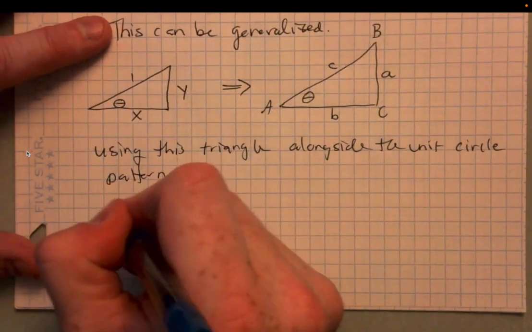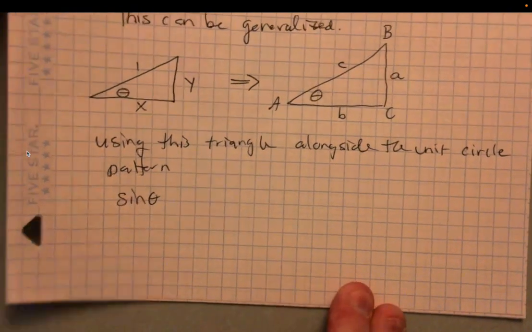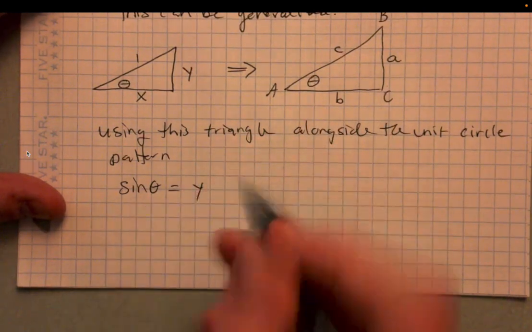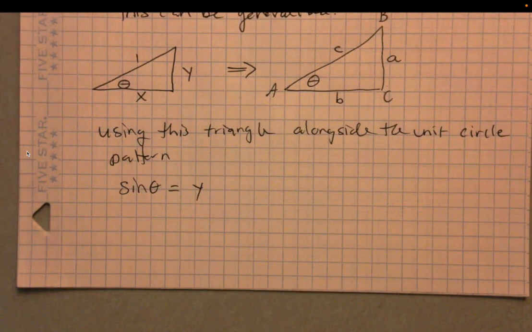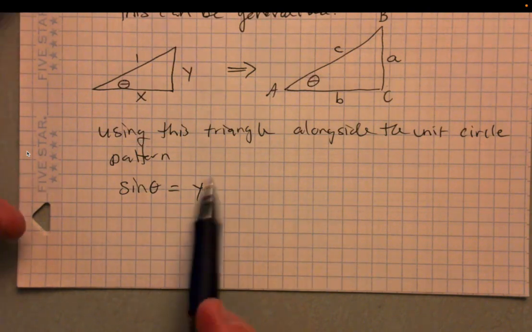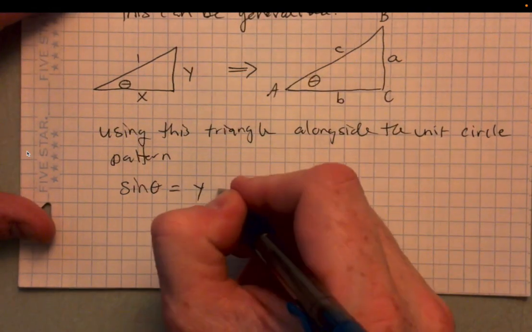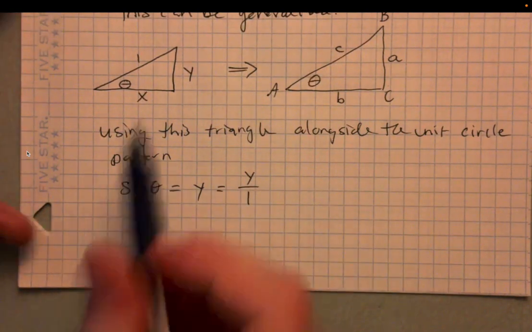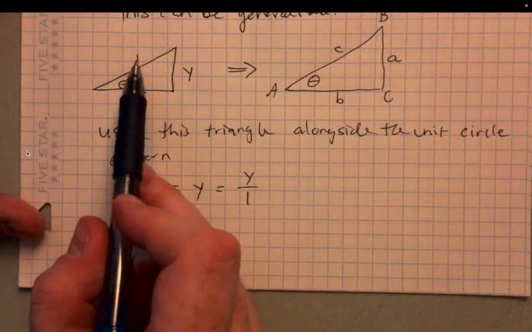Well, we have the sine of theta. We saw that the sine of theta was equal to y. I'll expand on this so we can see what's going on. The sine of theta equals y, but we can think of that as y over 1. If you look at this triangle, it's this over this.